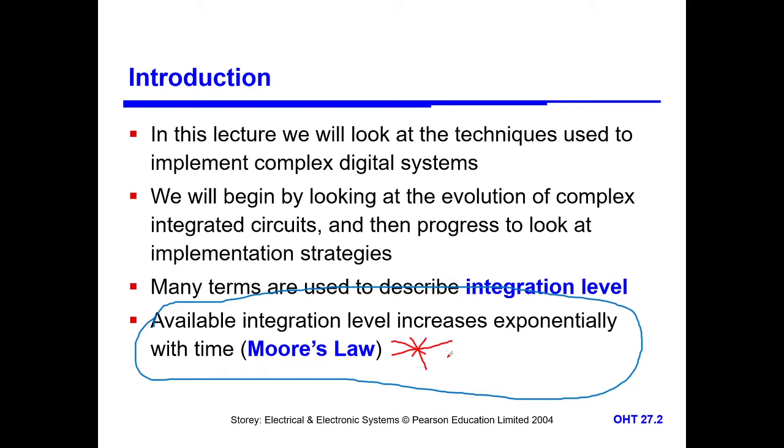Surprisingly, this Moore's law has been working till today. For every 18 months, the size of the transistor is reducing. If the size of the transistor reduces, then obviously the size of the integrated circuit reduces.